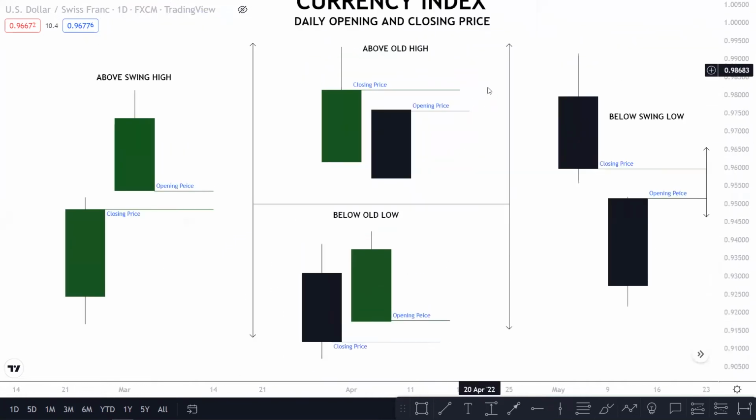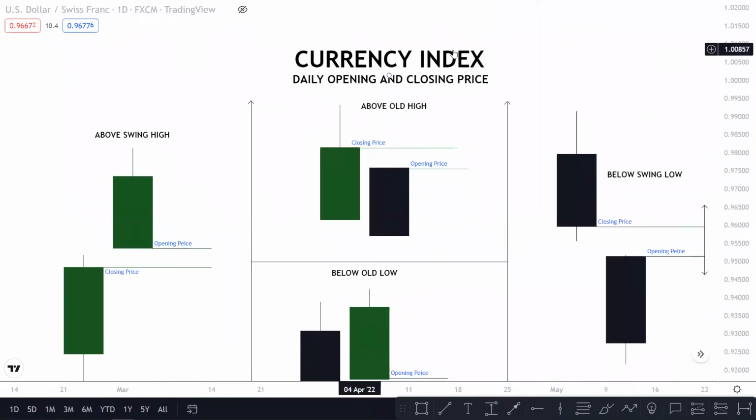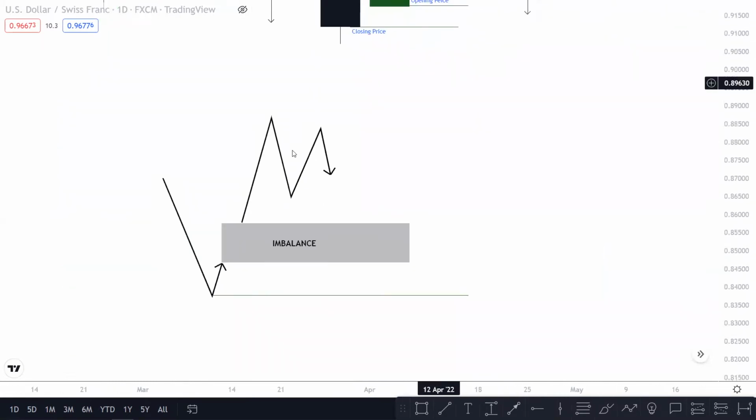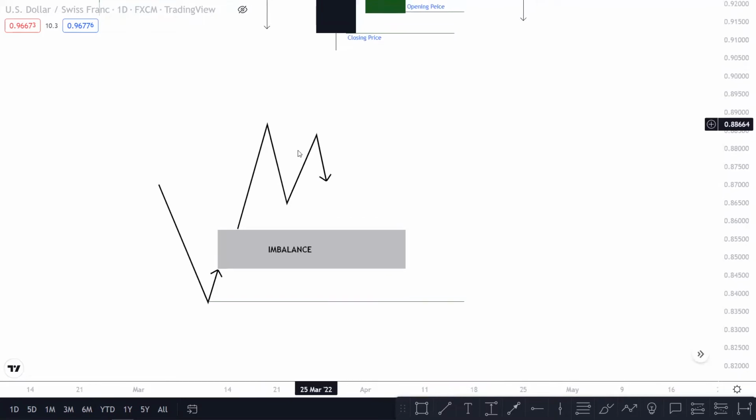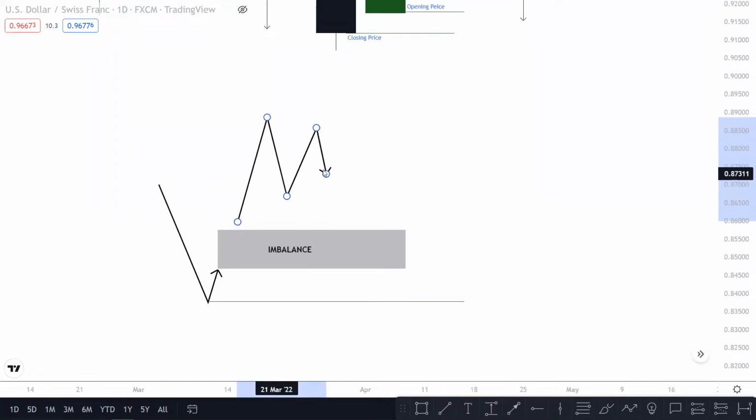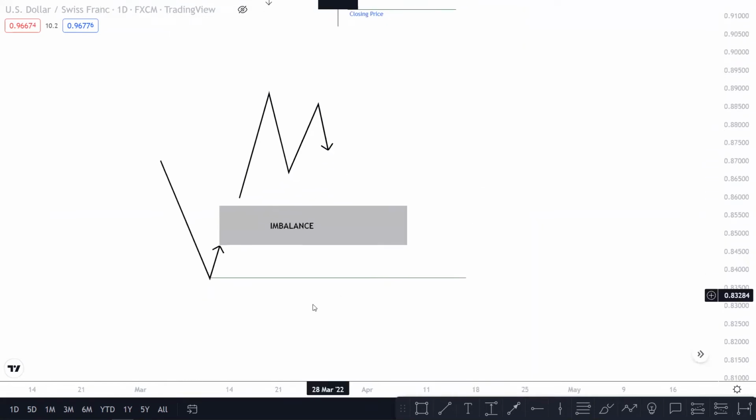What are we trading? Currency index. We are doing our analysis on a currency index. If this index is my base, I will buy below this low.